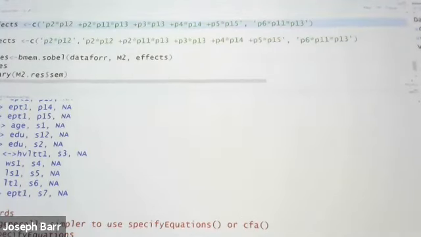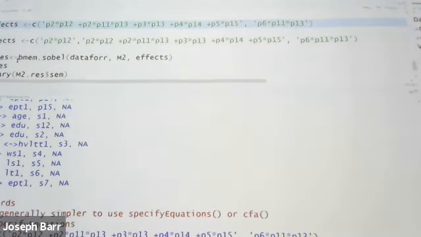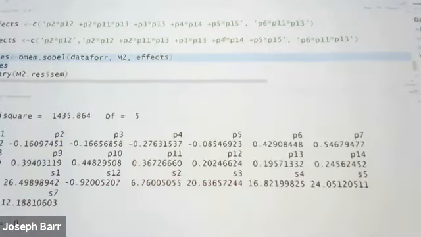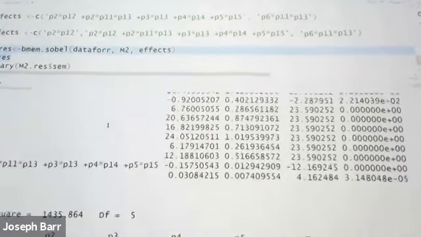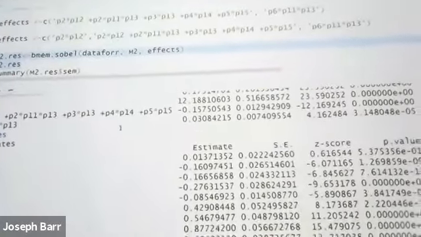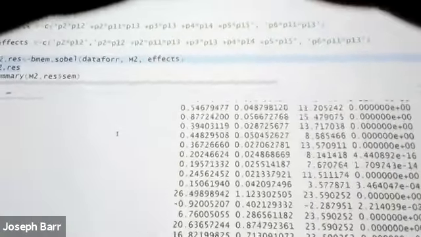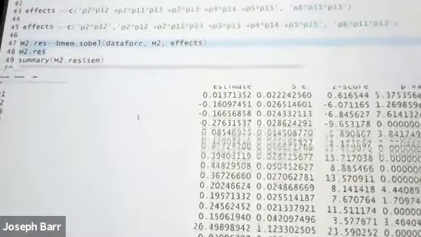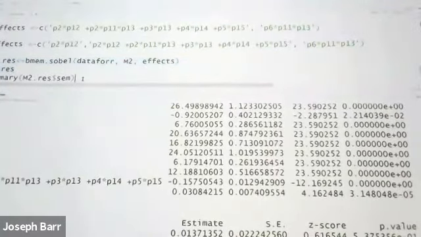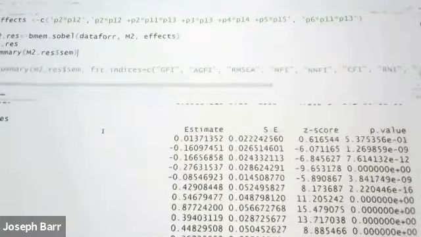Suppose we are going to look at the first effects and we use a test, and that's the estimate.